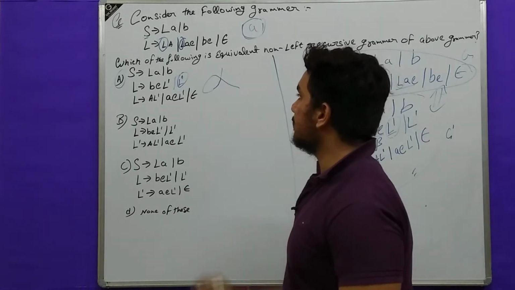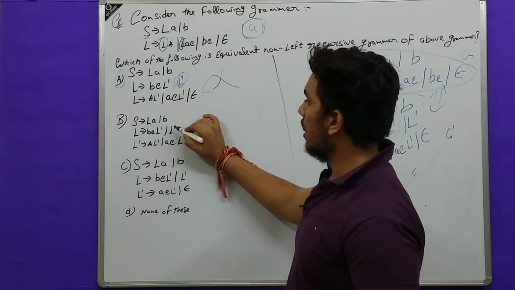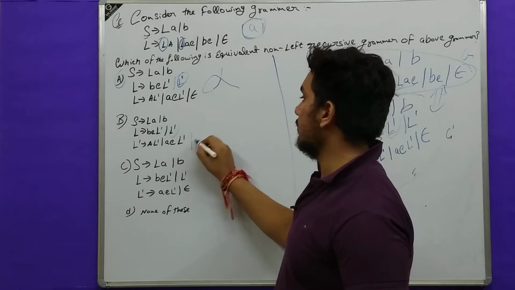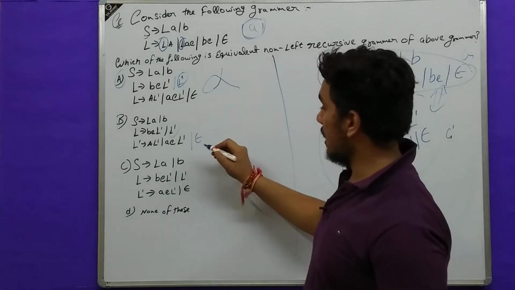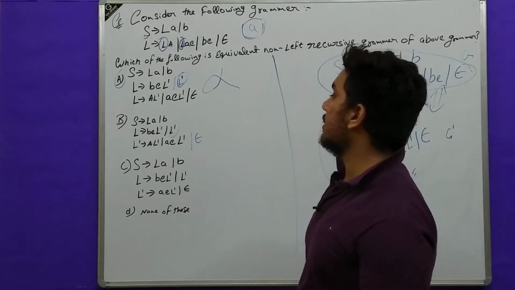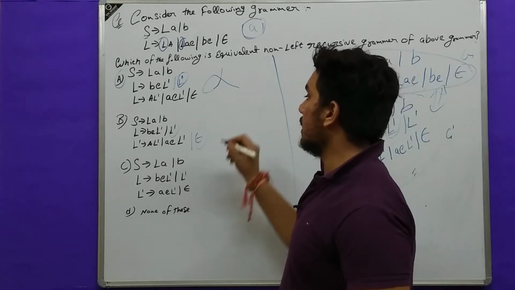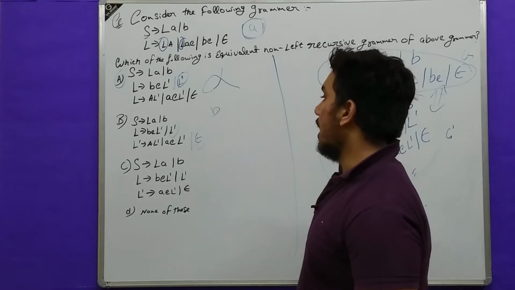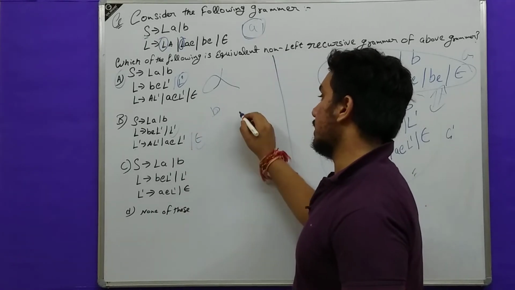Let's see option B. In option B, we have the L dash, but we don't have the epsilon. So this grammar will never terminate because it doesn't have any terminator. It can only generate B as a string, else it can't generate any string.